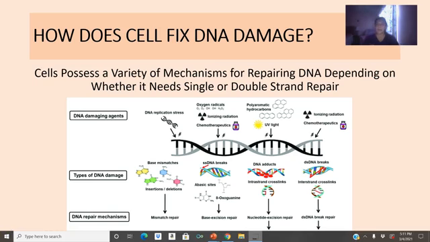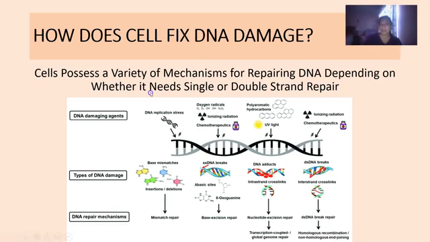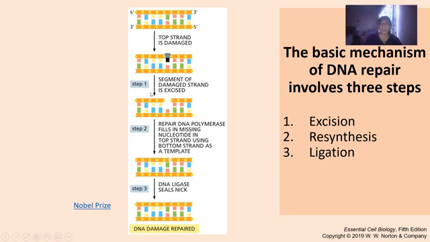Okay, so now we're going to go through and talk about the basics of each one and when that would be used, and how exactly it works. So the first thing we'll talk about is the basic mechanism of DNA repair. How does it happen? No matter which method we use, the three main steps remain the same.